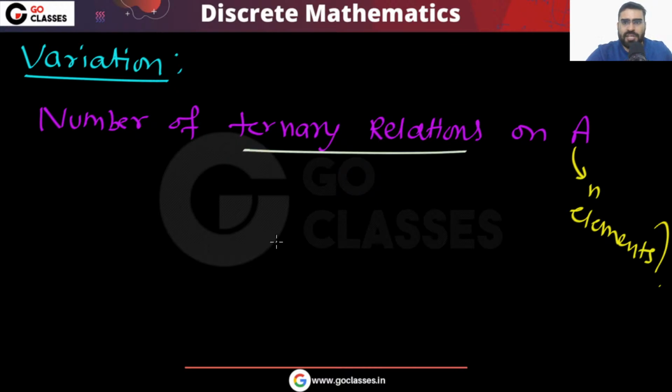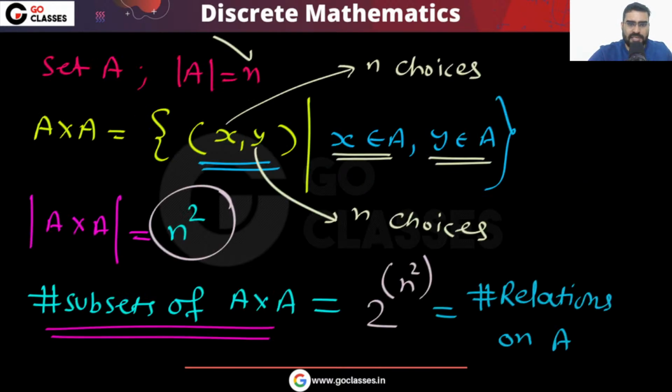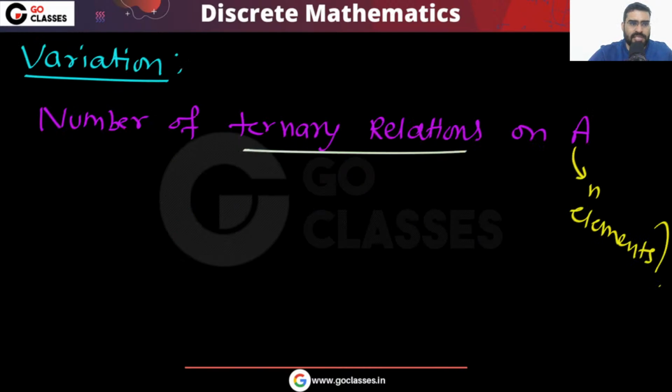What is the number of ternary relations on set A? First of all, let me explain what a ternary relation is. A ternary relation simply means that you have a relation among 3 elements.